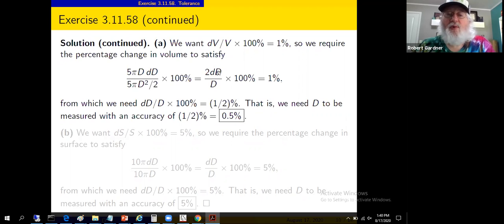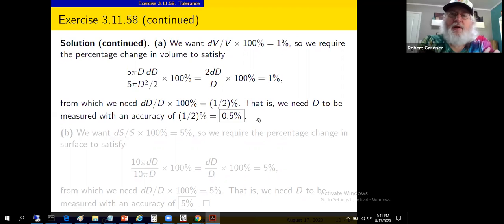So here's the thing we were looking for: dD divided by D times 100%. Here's an equation involving it. The 2's in the way, so divide both sides by 2 to get dD divided by D times 100% equals 0.5%. That's how accurately we need to measure diameter D, within 0.5%.